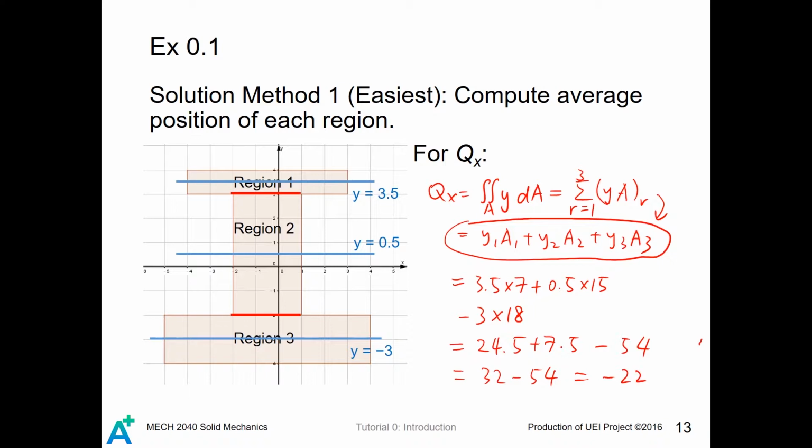That's it. This is the first moment of inertia about the x-axis. Also, we can compute in a similar manner the first moment of inertia about the y-axis.